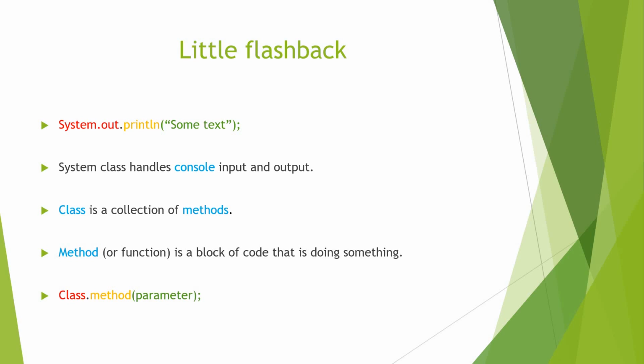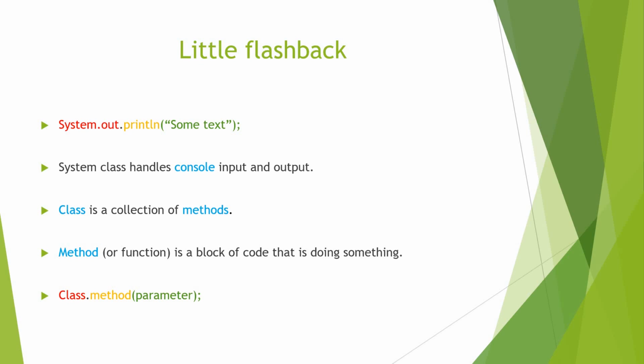So, in our line of code, what we are doing is that we are calling a method called println. ln stands for line, so we are calling a method called printLine with one parameter. The parameter is the text we want to write out, and we are calling this method on a class System. .out is there because we want to work with the output.